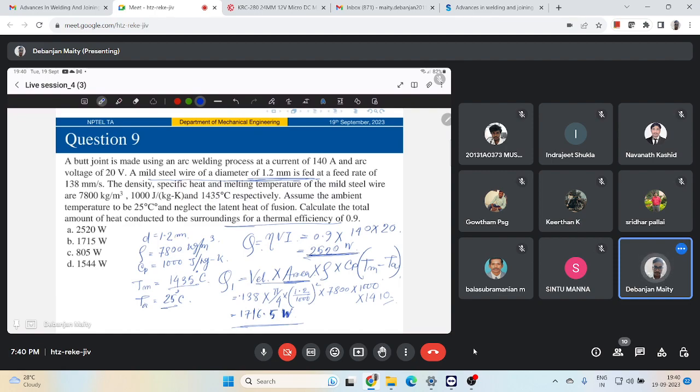So what you need to calculate? You need to calculate the total amount of heat getting conducted to the surrounding, right? So you have your net energy for heating the workpiece. If you have your amount of heat that is required to melt the weld metal, so how much is going into the surrounding? It's 2520 minus, that is basically your heat loss due to convection, radiation, whatever. So how much is this coming?